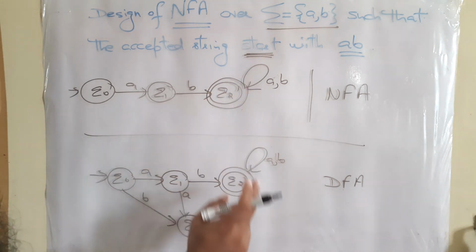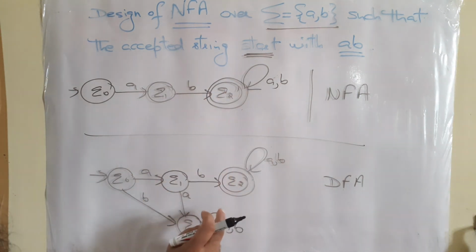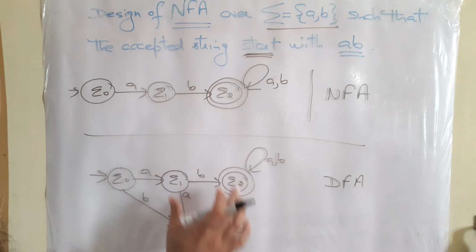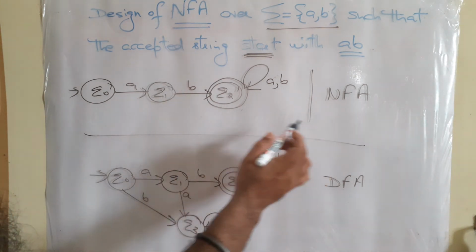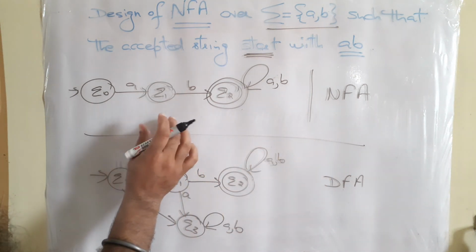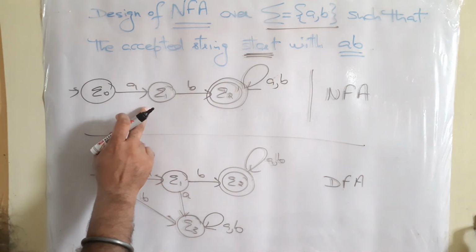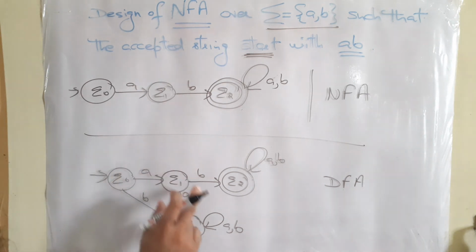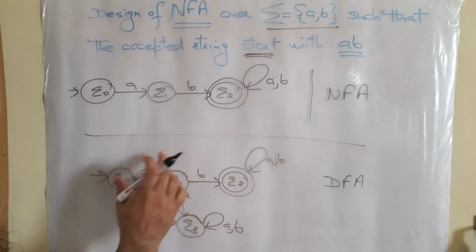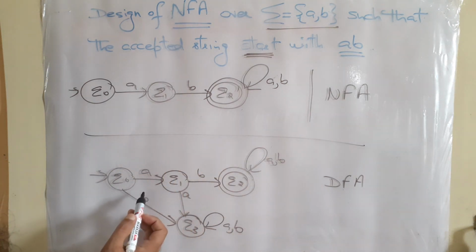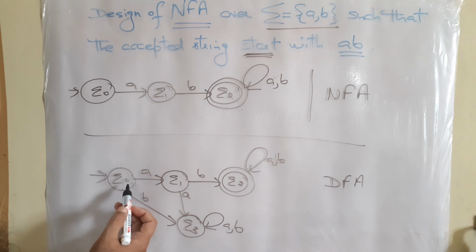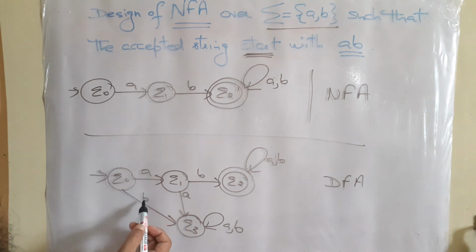So this is the final diagram for DFA for the same example. Now you can observe the difference between NFA and DFA. In NFA, there is no need to add any dead state, whereas in DFA, we have to complete the diagram, and every state must respond to both symbols, a as well as b.